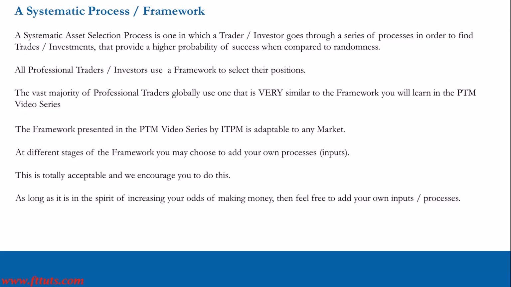What is it? In the broader context, a systematic asset selection process is just a process in which a trader or investor goes through a series of processes in order to find trades and investments that provide a higher probability of success when compared to simple randomness, okay?